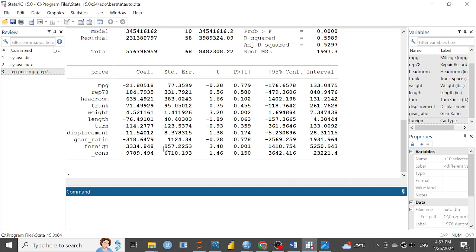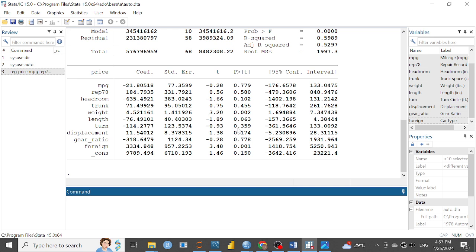It is statistically significant with a p-value of 0.01, suggesting that being a foreign car is a significant predictor of price. So it's obvious also. A foreign car will always affect the price of a car.